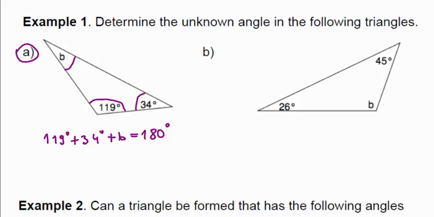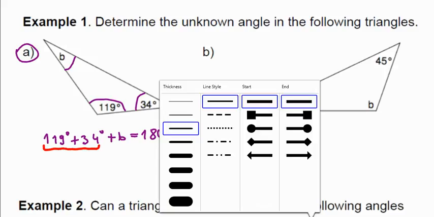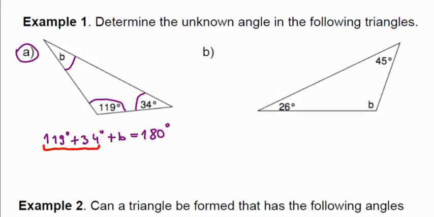Before we begin, we can add up these two values. 119 plus 34 turns out to be 153 degrees, plus B equals 180. We do the same thing we did with equations.